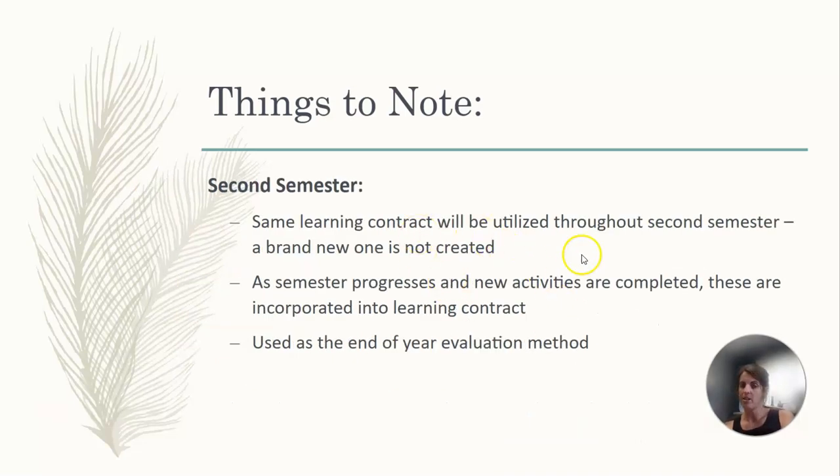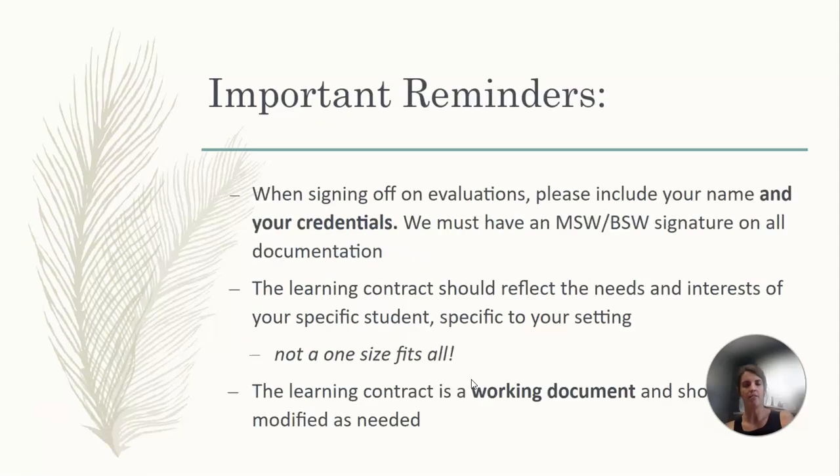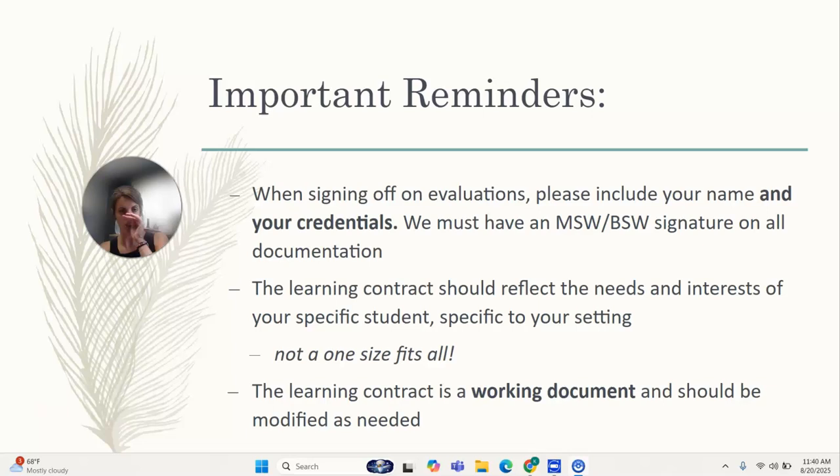I mentioned second semester, it's the same learning contract with just enhanced learning activities. And then I come back and we do the end of the year evaluation as well. Things to note with learning contracts, just a couple things.